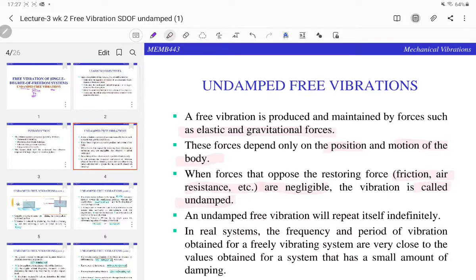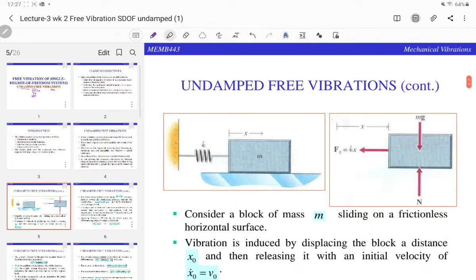An undamped free vibration will repeat itself indefinitely. In real systems, the frequency and the period of vibration obtained for a freely vibrating system are very close to the values obtained for a system that has a small value of damping. That is how we assume it's undamped.